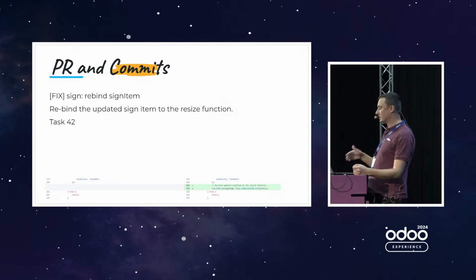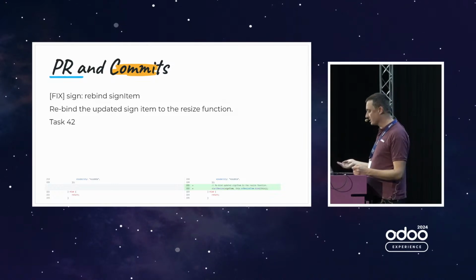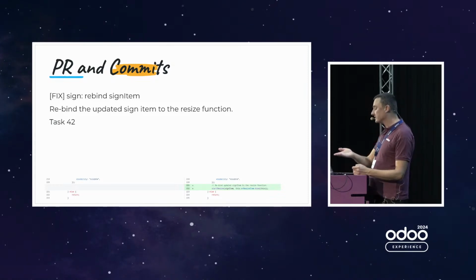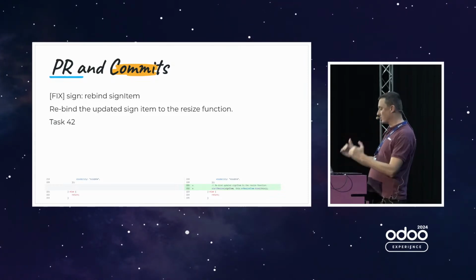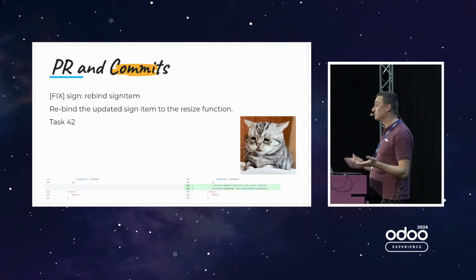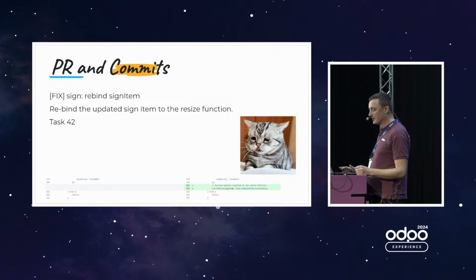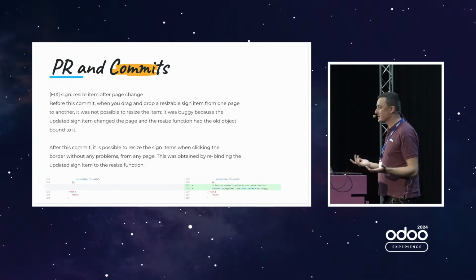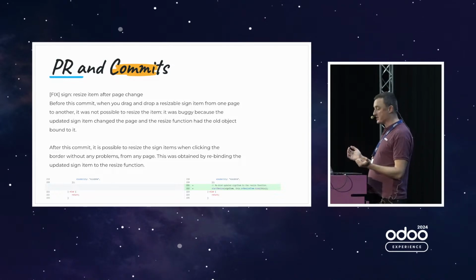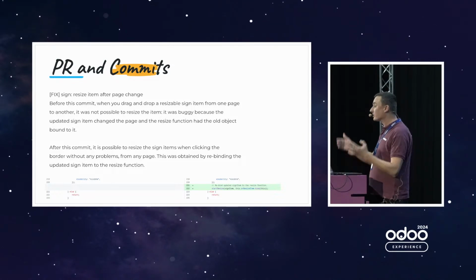Here, it's an example from the sign application. We had to rebind a method, and this commit message is just explaining what the commit is doing. It's really bad too. It brings no information, no value. Everybody is sad. But this is the actual commit message. So as you can see, we explain what was happening, the context.